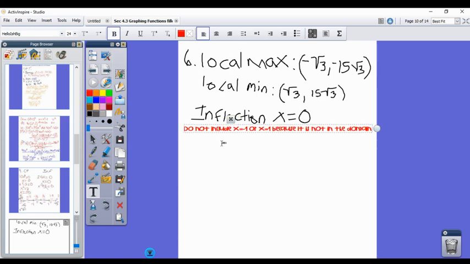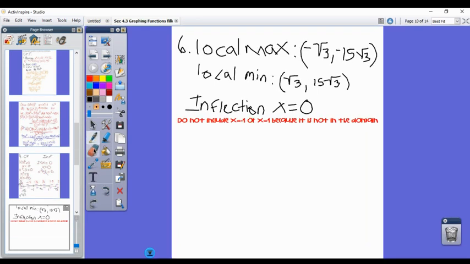Okay. All right. So step 7. Step 7 was our asymptotes and end behavior. Our asymptotes are two vertical at x equals 1 and x equals -1.